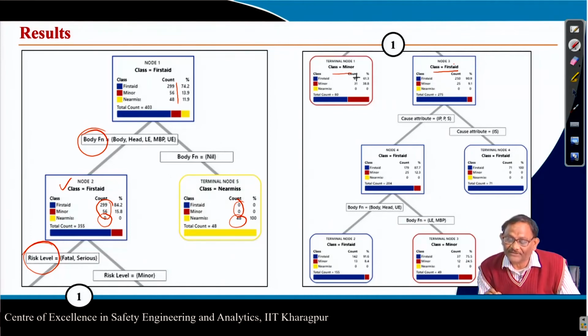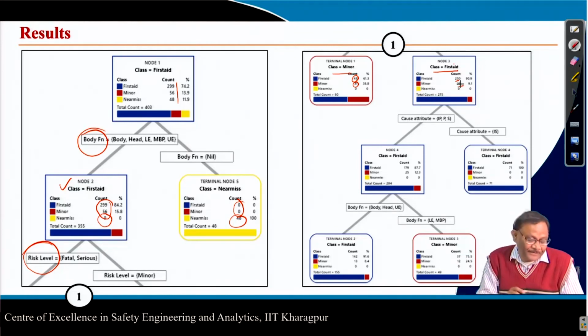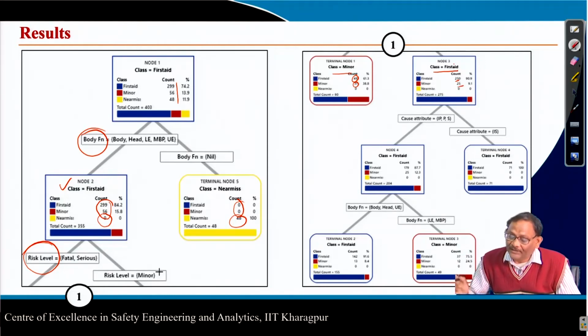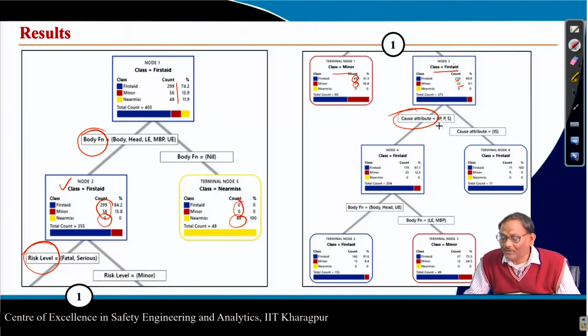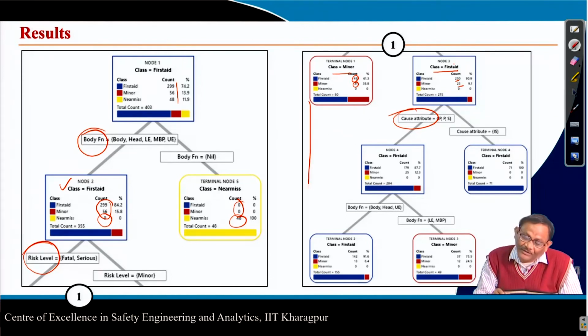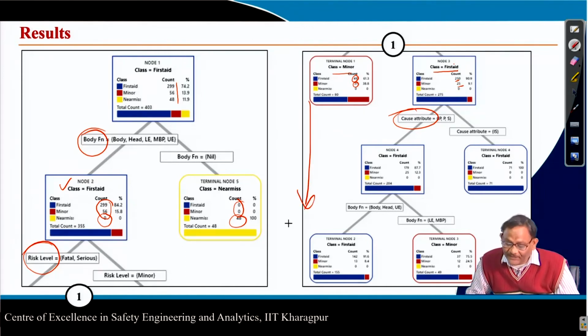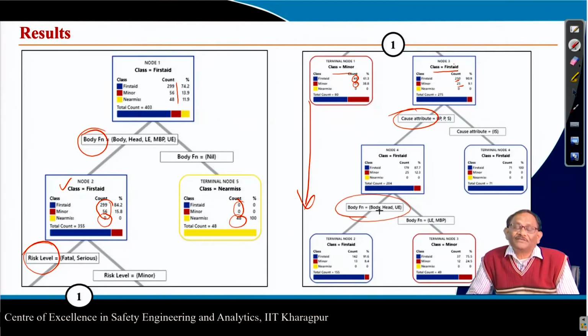Okay, so first aid here is 49 and minor is 31, here 250 and 25. Then the next category is cause, the cause attribute which contributes, and in this manner it continues. And finally after cause, again you see that body part is coming. So it is the interesting part.